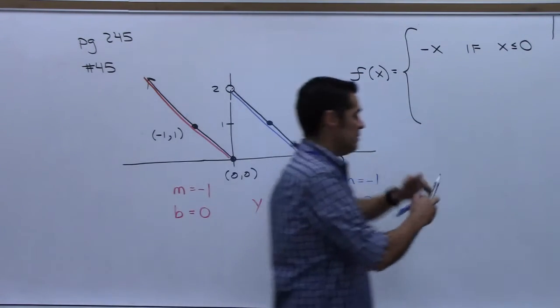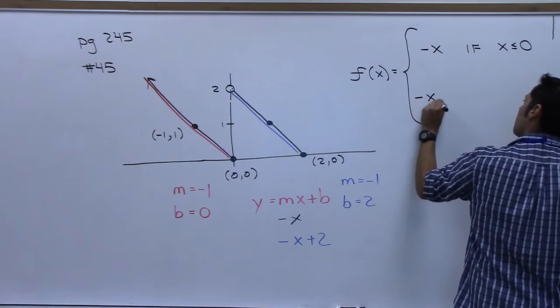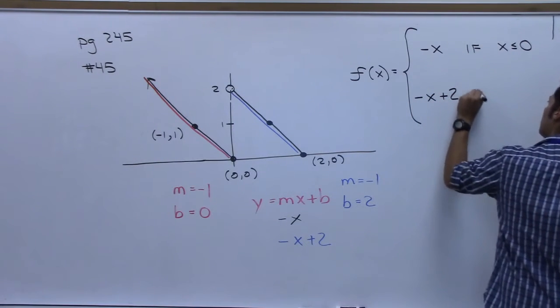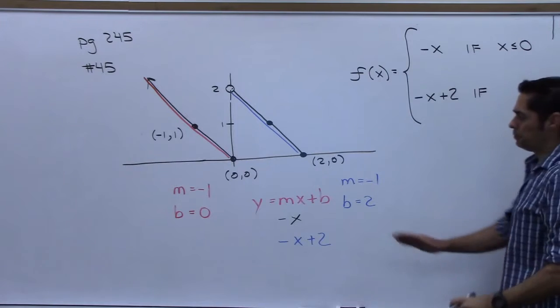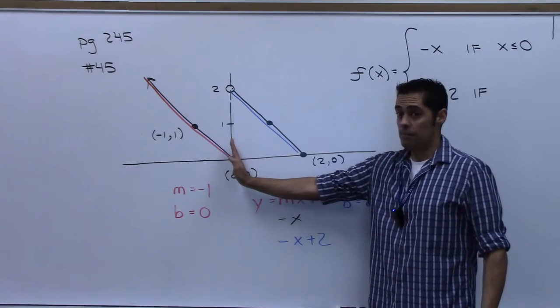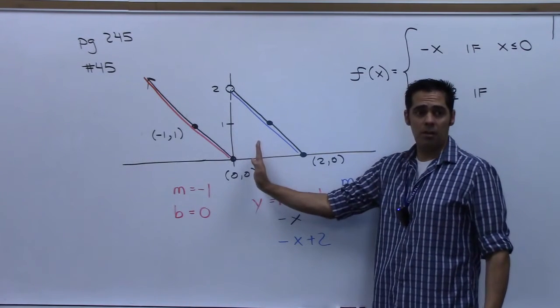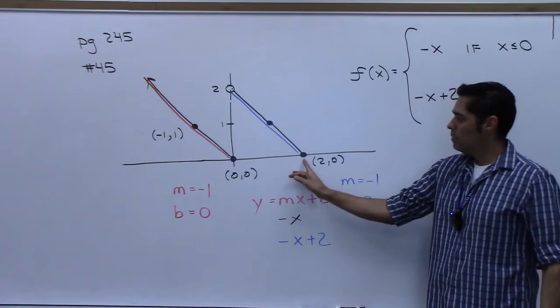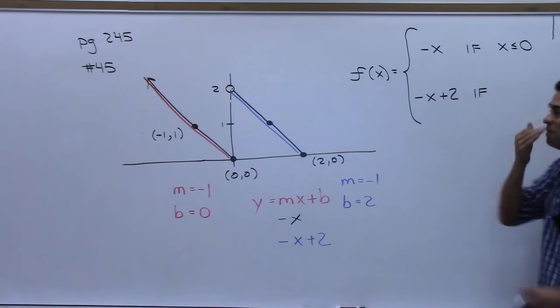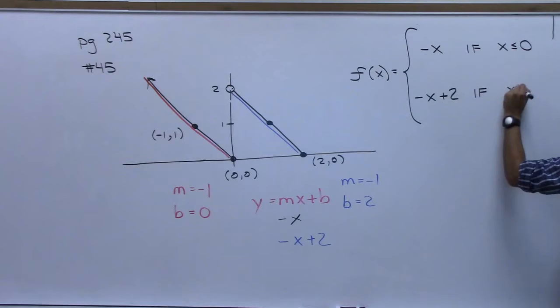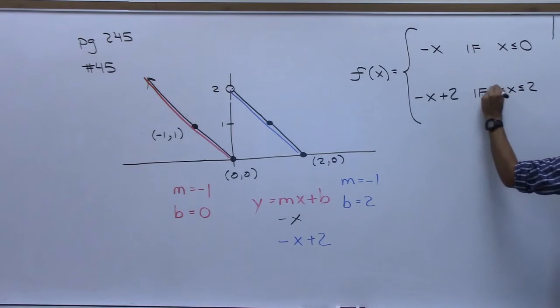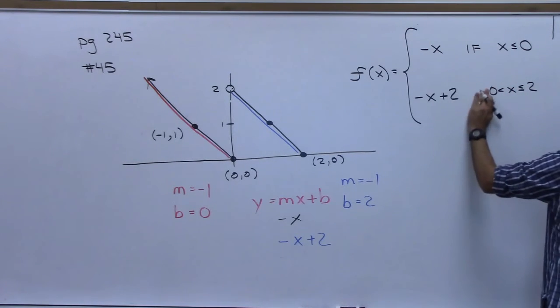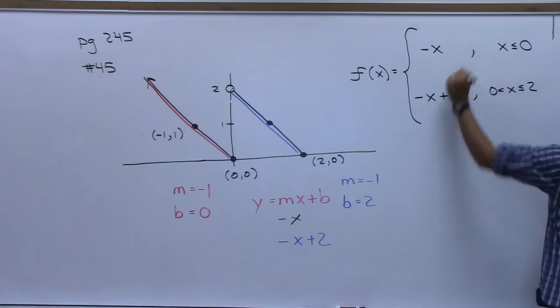So that should be the second piece. -x plus 2. But this is only if x is what? Bigger than 0. Greater than 0, but less than or equal to 2. So x must be between 0 and 2. I'm just going to put a comma here instead of if.